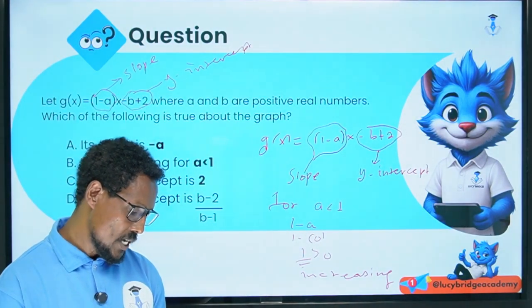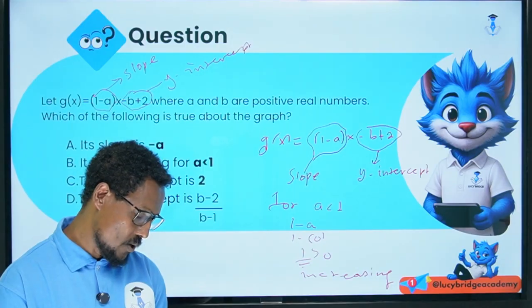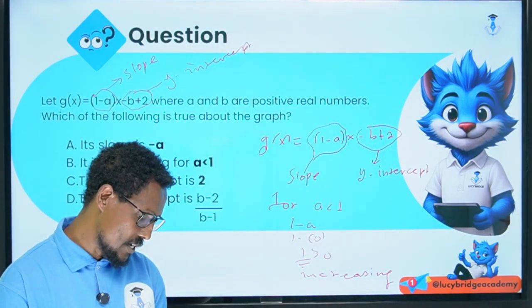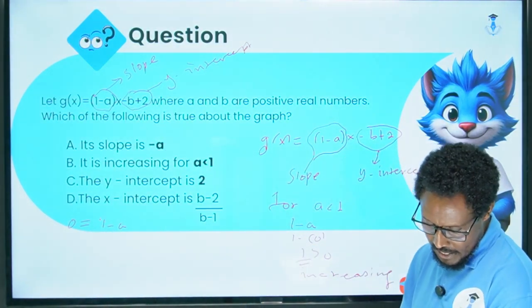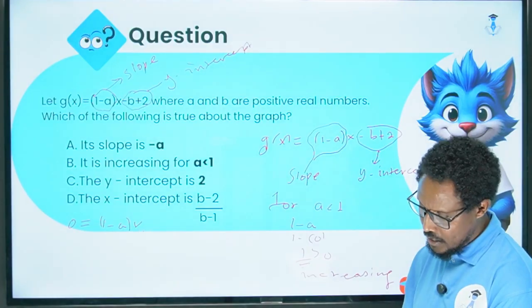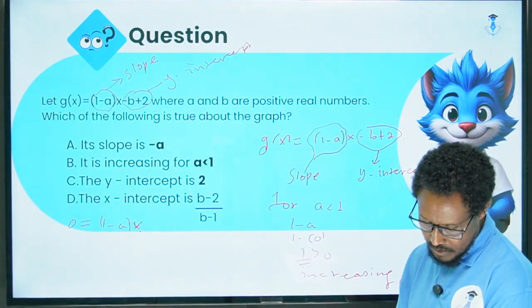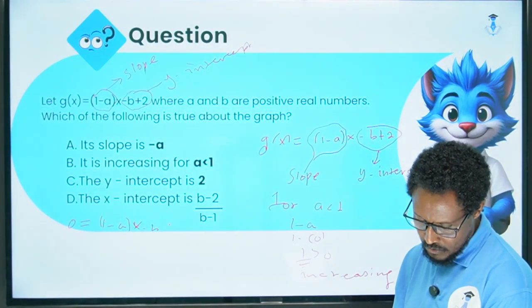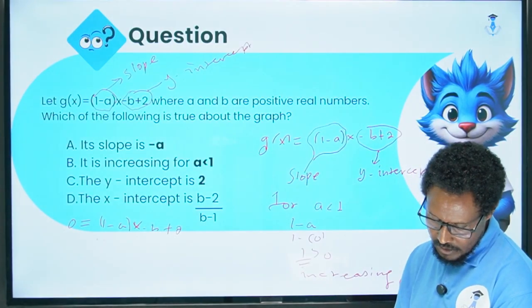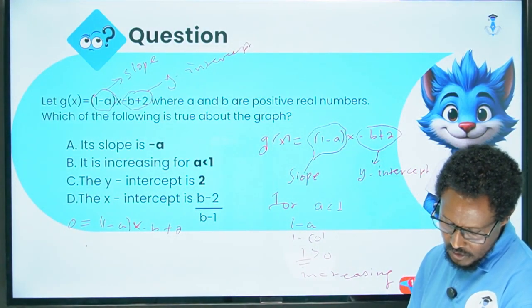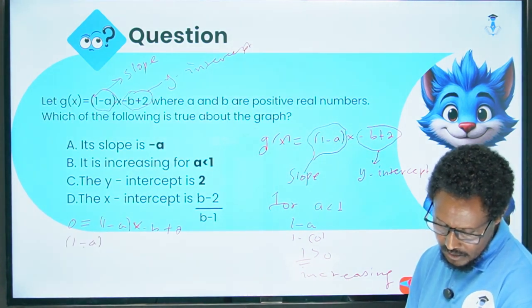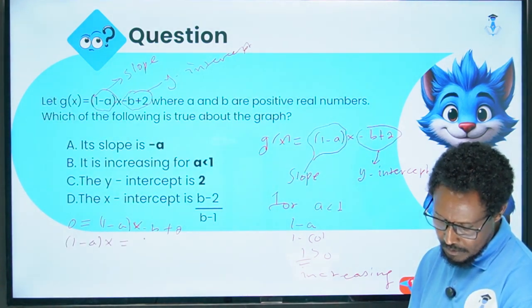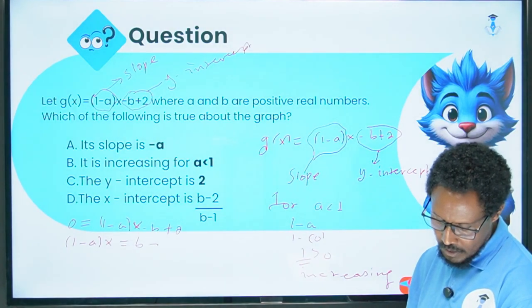No, look, we make the function 0, or we make y 0. 0 is equal to 1 minus ax minus b plus 2. Now bringing this over, 1 minus ax is equal to b, the minus b becomes plus b, and the plus 2 becomes minus 2.